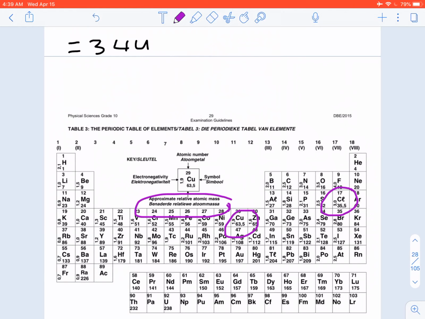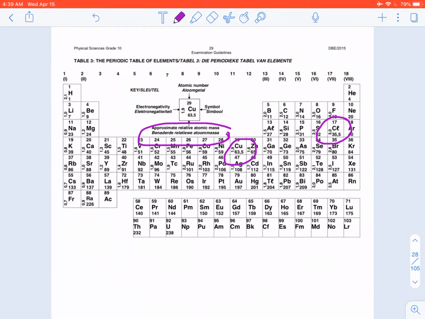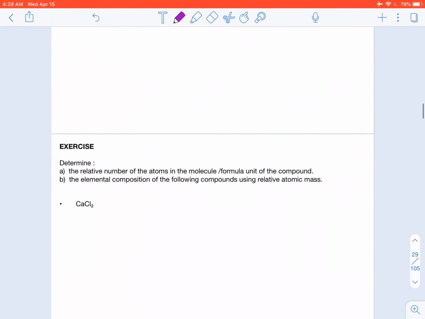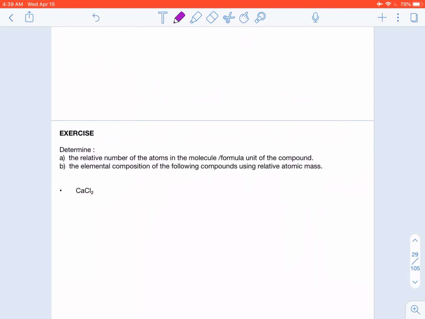Now, let's look at an exercise. It says, determine the relative number of atoms in the molecule or the formula. So remember, in certain cases, like when we had a molecular solid, we had a discrete molecule.